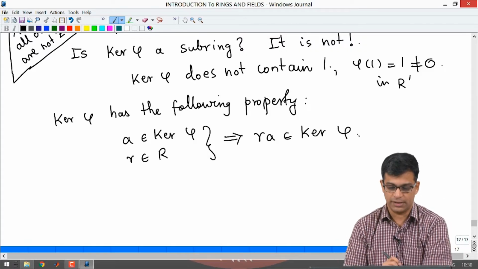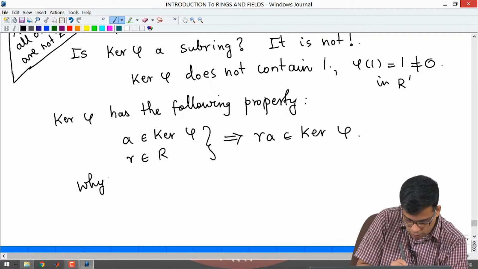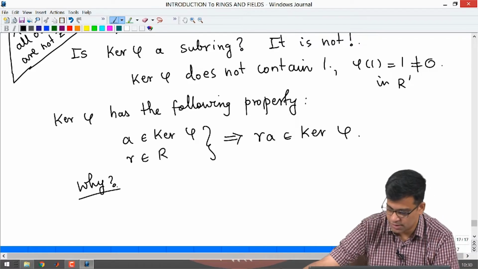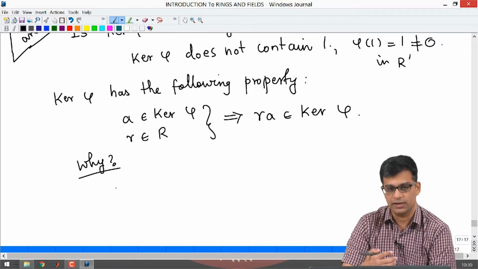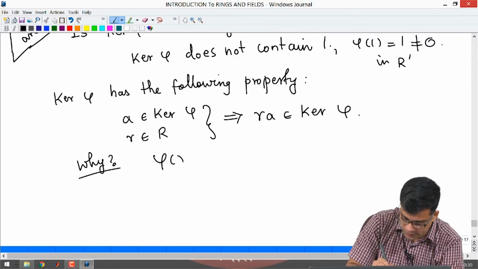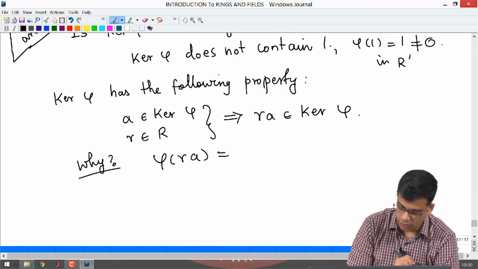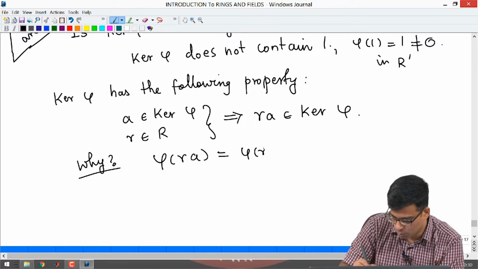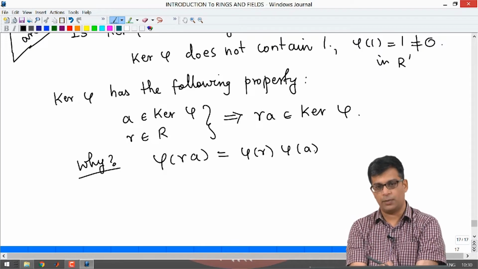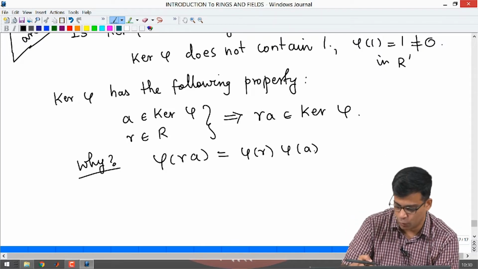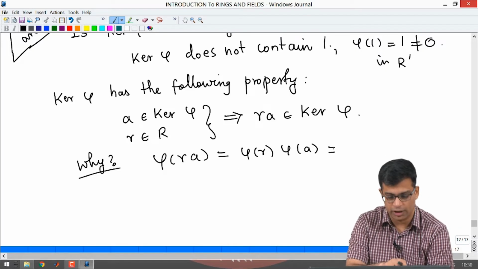Okay. Why is this? This is very easy to check. In order to check if something is in the kernel, we have to see if its image is 0 or not. So, what is phi of R A? By definition of a ring homomorphism, phi of R A is phi of R times phi of A. Now, R is an arbitrary group element. So, we do not know anything about phi of R, but we do know that A is in the kernel.